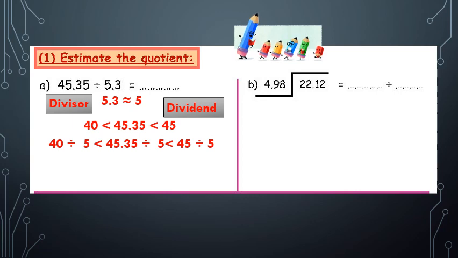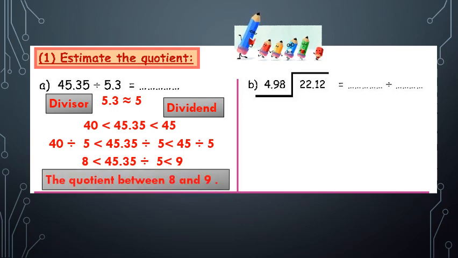Divide each number by 5, our divisor: 40 divided by 5, 45 divided by 5. So 45 and 35 hundredths divided by 5 is between 8 and 9. 8 because 40 divided by 5 equals 8, and 9 because 45 divided by 5 equals 9. So the quotient will be between 8 and 9.